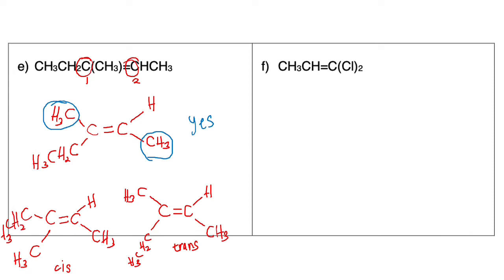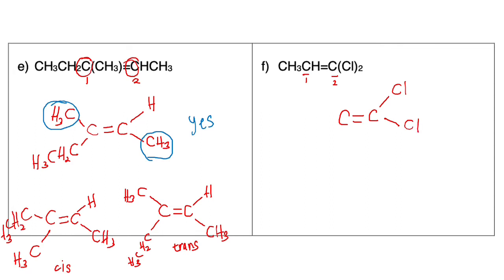Okay, so let's take a look at F. Okay, F, this is the carbon. So this is carbon 1 and this is carbon 2. Okay, so we draw C, double bond C. Okay, carbon number 2, we have Cl.